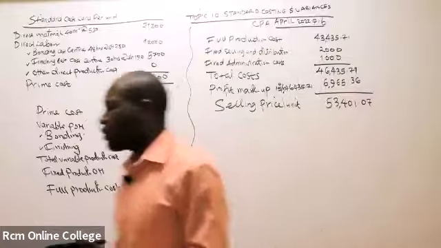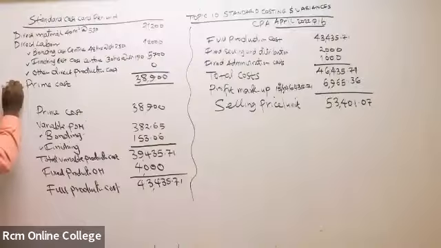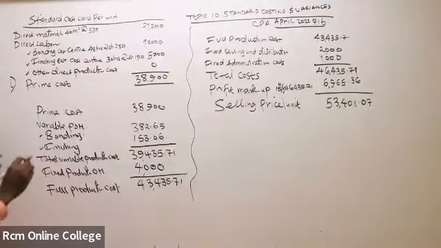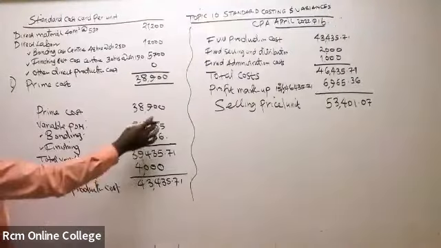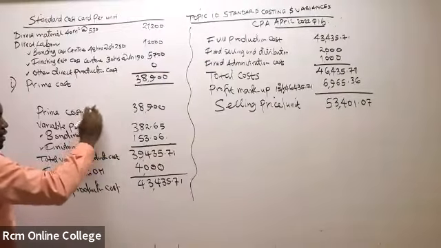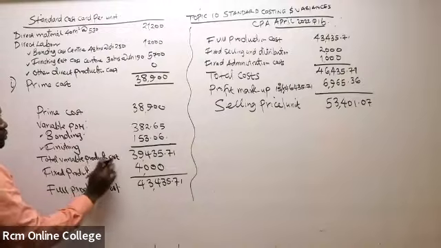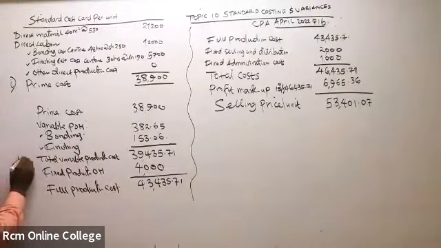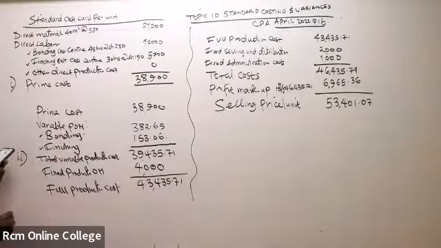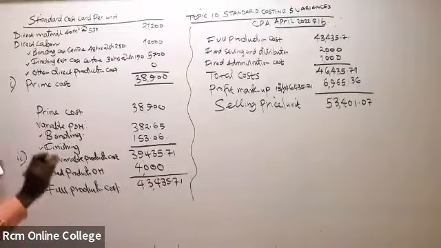So the answer to Roman 1 of the question, this is it. The answer to Roman 2 of the question, variable production cost, ziko hapa. The variable production cost is basically prime cost plus any other variable production overhead. So there are only those two, total variable production cost. Roman 3, we are told to get total cost, not full production cost, no, total cost.